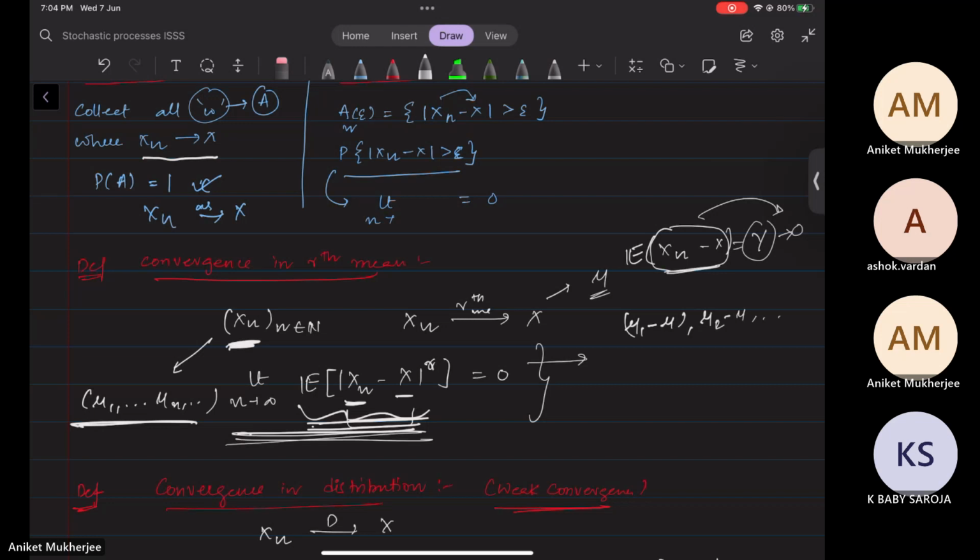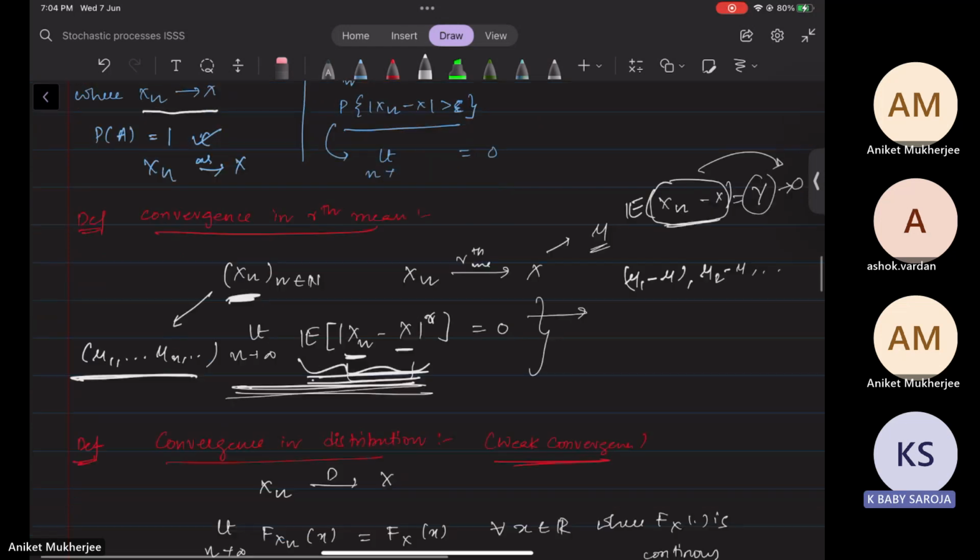That rate depends on R. But why expectation? Because I want to convert randomness to real numbers so that it is easy to work with. But I'll keep this question in mind and I'll get back to you later also.